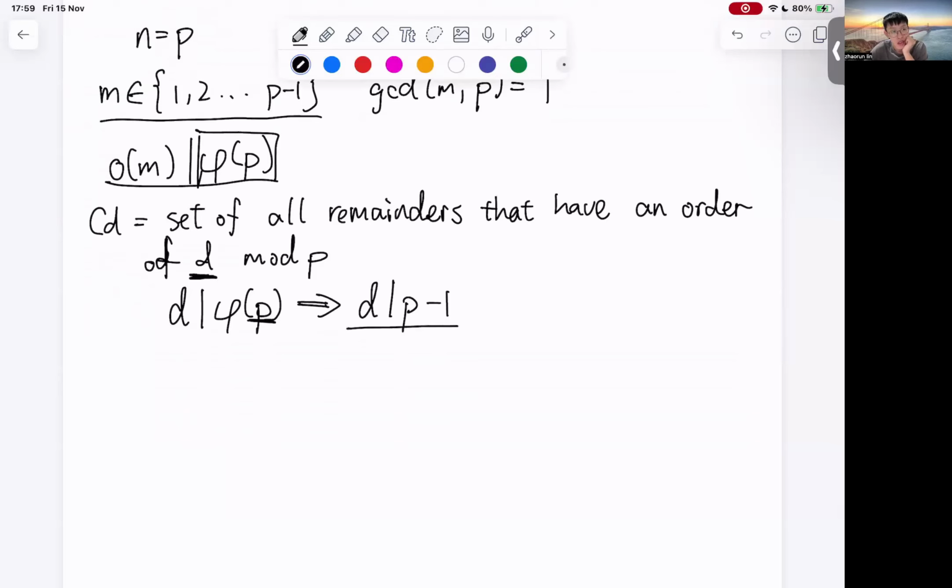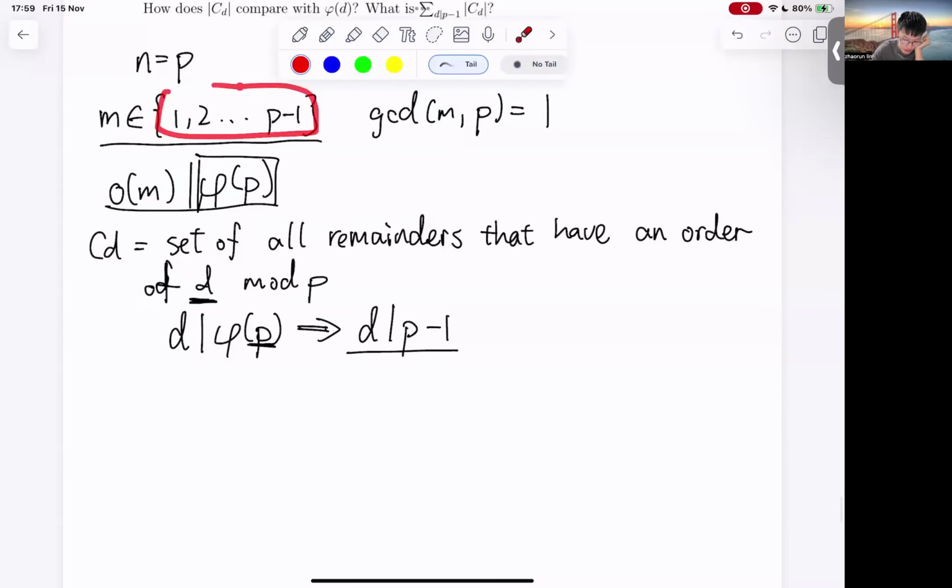And with basically the same arguments as in problem 9, since C_d is the set of all remainders that have an order of d modulo p, every n in this set should have an order, and exactly one order, not multiple orders.